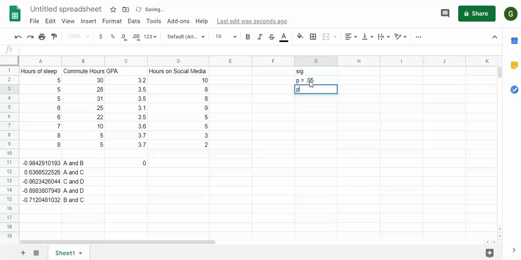If p is, let's say, 0.049, that's significant. Or if it's even something lower, like let's say 0.03.